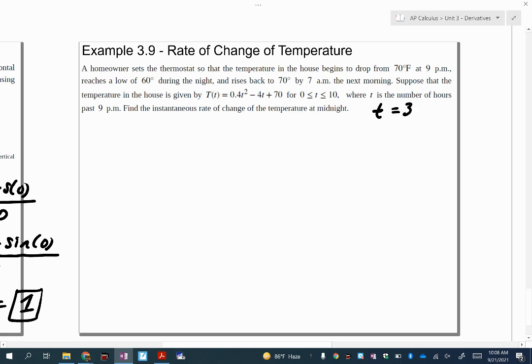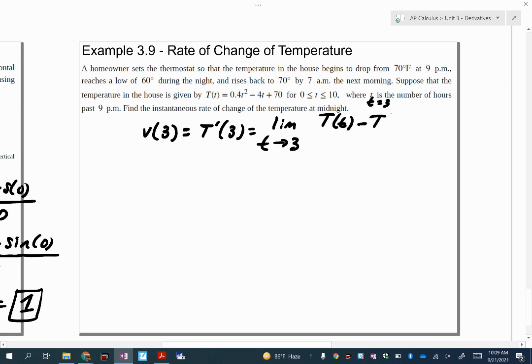So the instantaneous rate of change would be my v of 3, which is equal to my T prime of 3, which is the limit as t approaches 3 of T of t minus T of 3 over t minus 3.